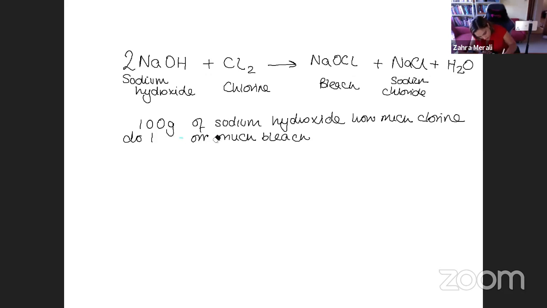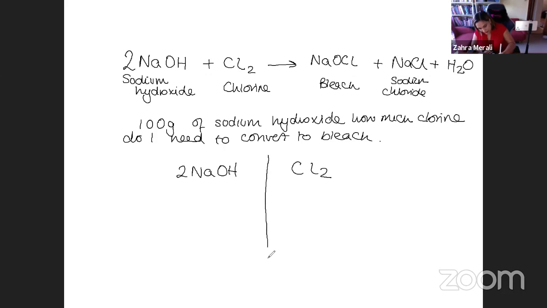We've written the question out wrong. So how much chlorine do I need to convert to bleach? So I'm thinking, okay, what are the bits of this equation that I'm worried about? It's only really the sodium hydroxide and the chlorine that I'm concerned with. So I've got my 2 NaOH and my Cl2. So those are the 2 bits that I'm trying to use.